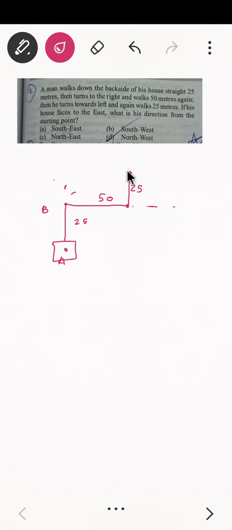If his house faces east, so his final position is here. B is here, C is here, suppose D is the final point.